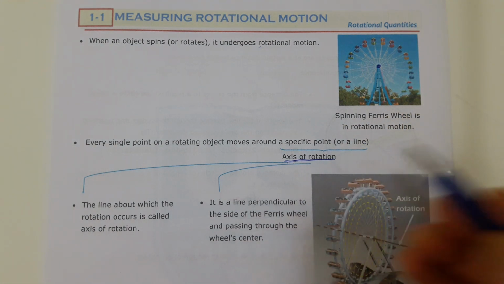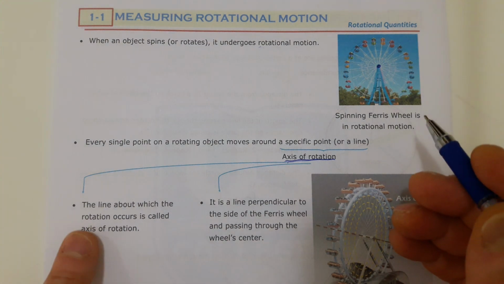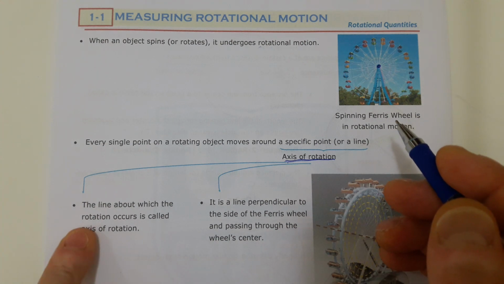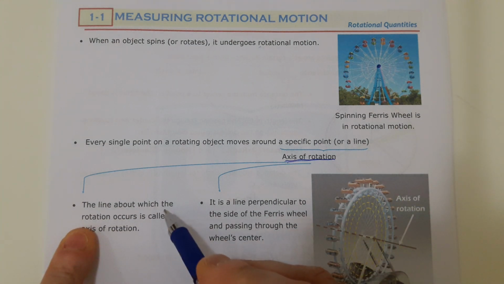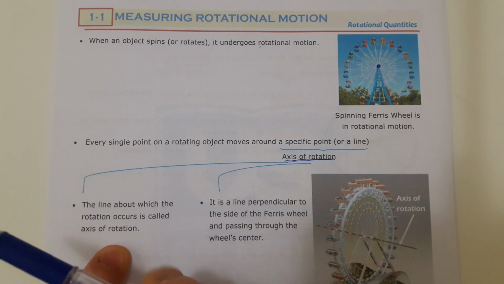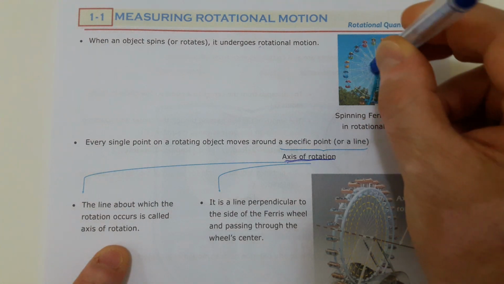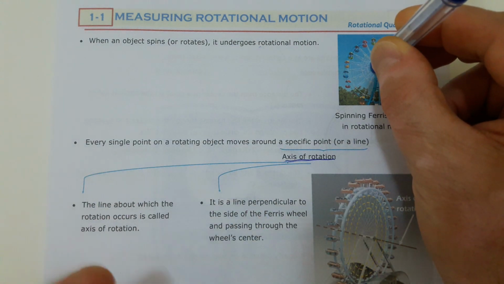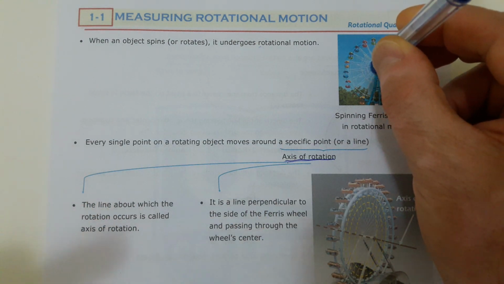Axis of rotation is defined in the book in two ways. The first one is: the line about which the rotation occurs is called the axis of rotation. When an object is rotating about a point, because the object is a rigid, very thick, huge object, all these points form a line.